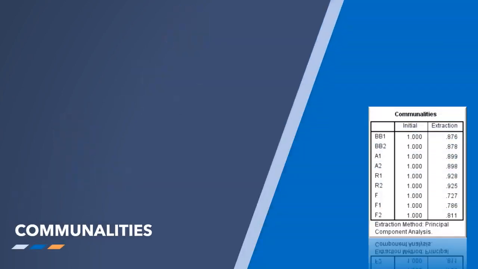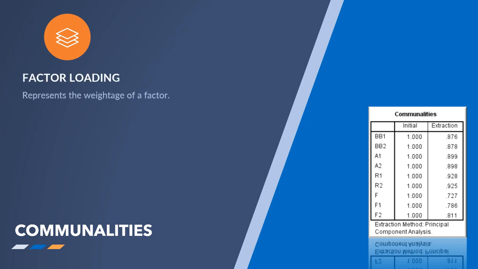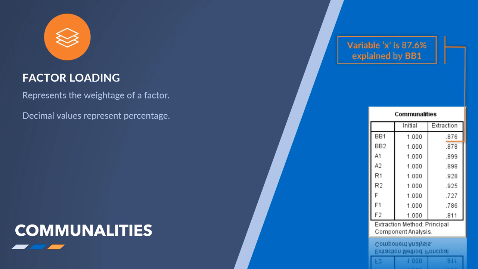The communalities table shows the factor loadings, or to what extent a statement loads on a factor. This is represented through the extraction value. And there is no ideal extraction value as such, and it's represented in decimals, which translates into percentages. For example, here in this table, the first factor loading is for the statement BB1, which shows an extraction value of 0.876.